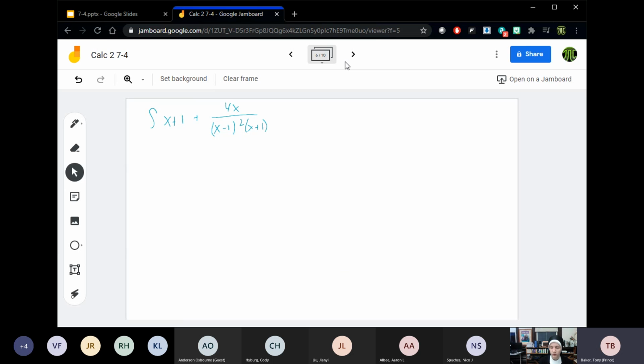All right, so I'm just going to work on this part right here. I'm going to ignore the first part for a little bit. So this part right down the bottom, I'm going to have a over x minus 1, plus b over x minus 1 squared, plus c over x plus 1.